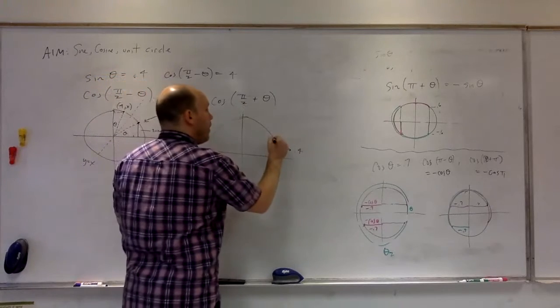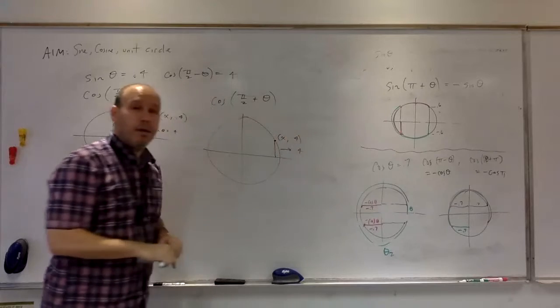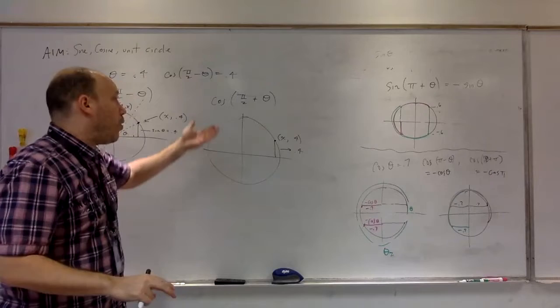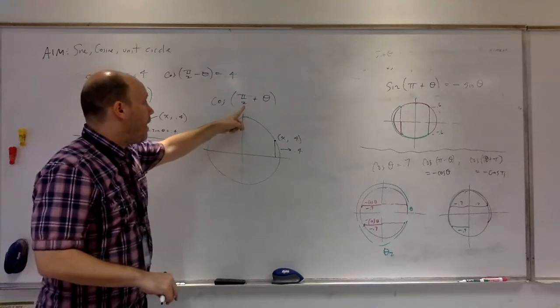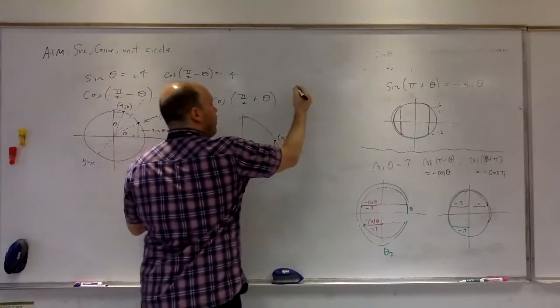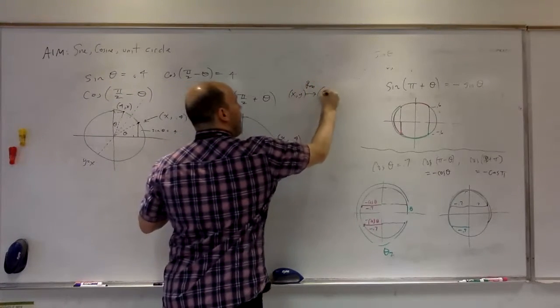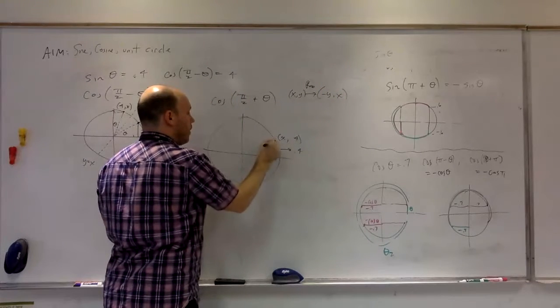If this point has 0.4, we know this point is x comma 0.4, correct? We learned in geometry, in the rotations chapter, that if we rotate a point 90 degrees, you flip it and negate it. Let's see what this point is.